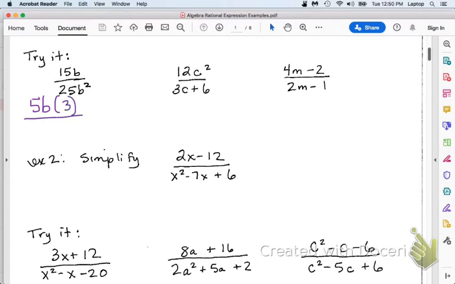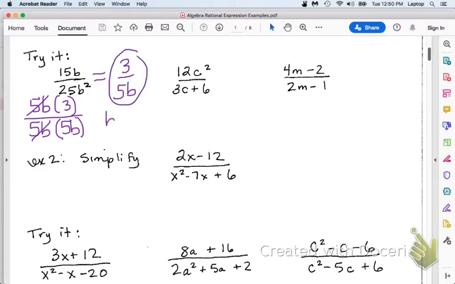I can factor out a 5b from the denominator, and I'm left with 5b. So those are what cancel. So what I get is 3 over 5b as my simplified form, and I go back to the original, and the only thing excluded would be 0.